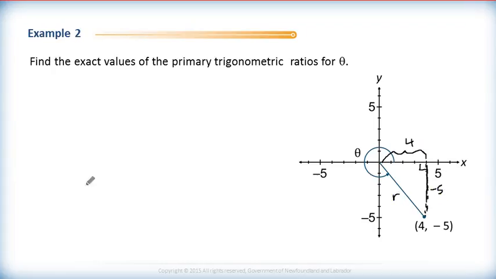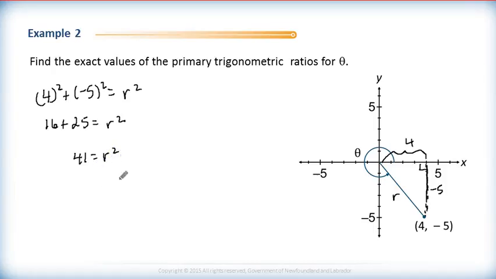We're looking for r. Pythagorean theorem: 4 squared plus (-5) squared equals r squared. 16 plus 25 equals r squared. That gives us 41 equals r squared. This time we get the square root of 41 equals r. So it doesn't work out as nicely as before.